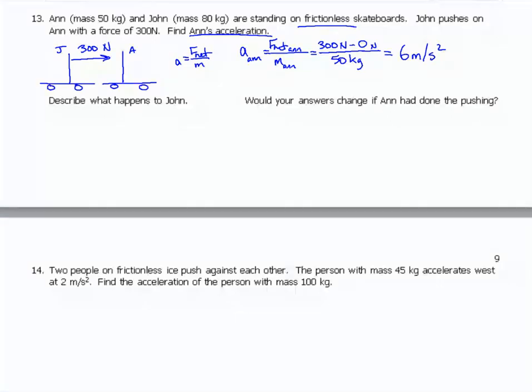So in all of this, describe what happens to John. The force exerted on John is 300 newtons in the opposite direction.